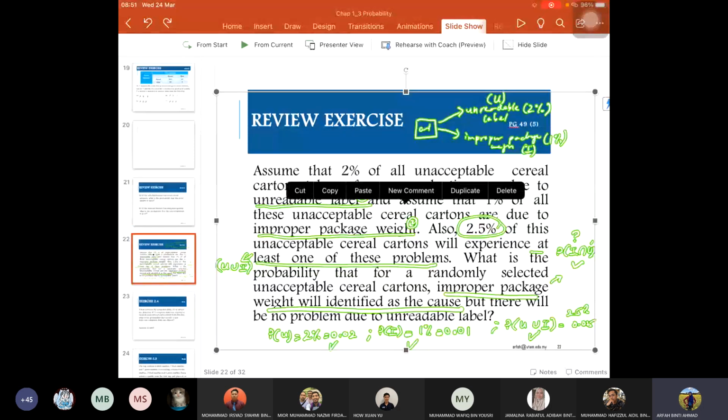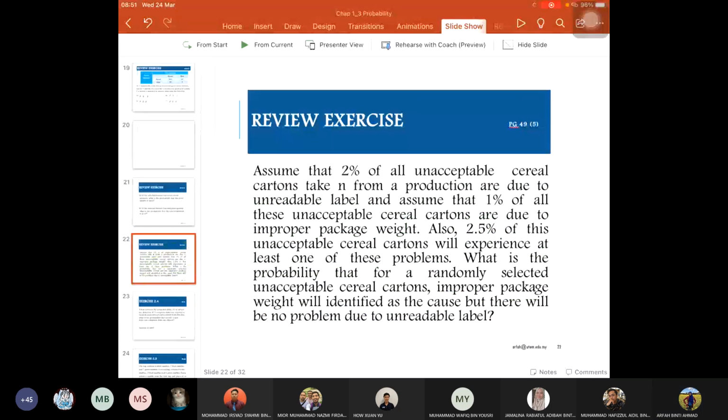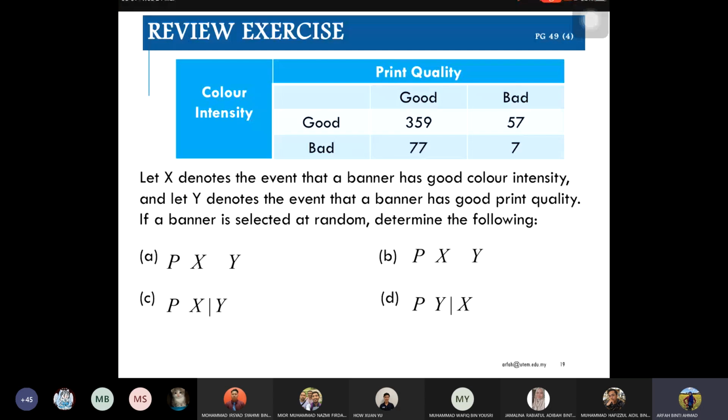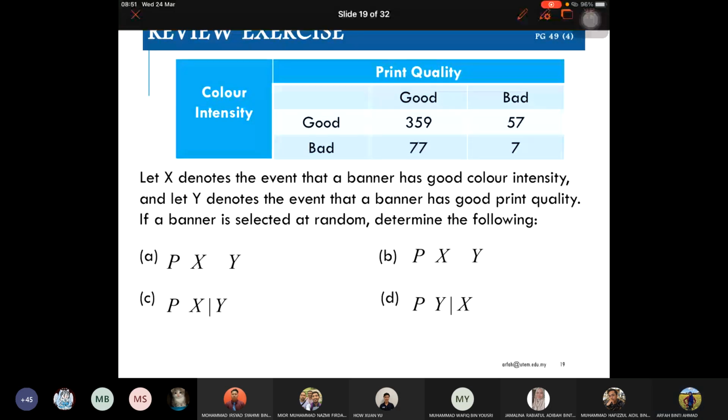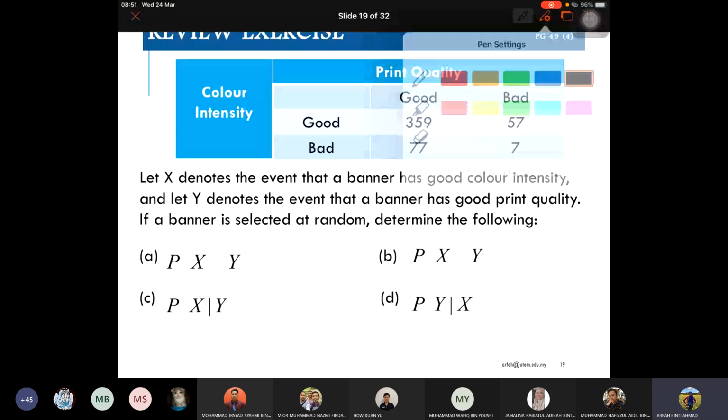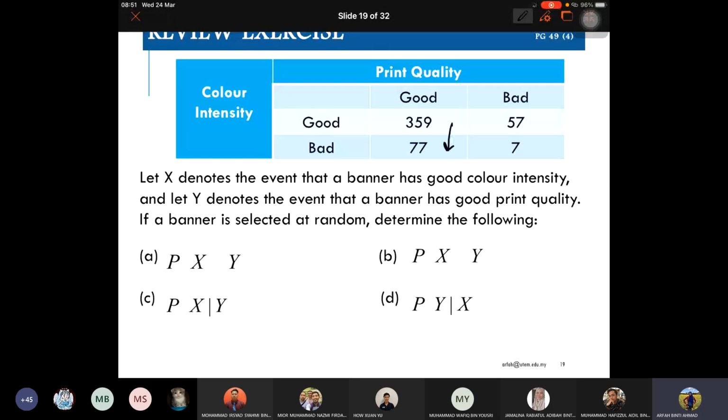Okay. So, cuba awak totalkan berapakah jumlah for all of this. Okay. So, yang ini adalah event X. Okay. So, cuba kira berapa total untuk setiap kolom dan juga setiap row for this event.